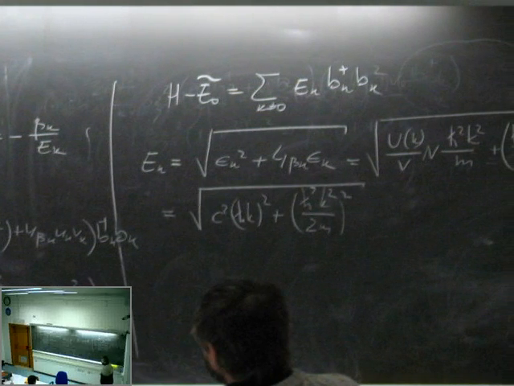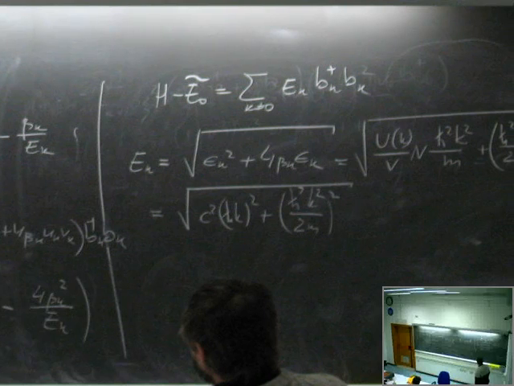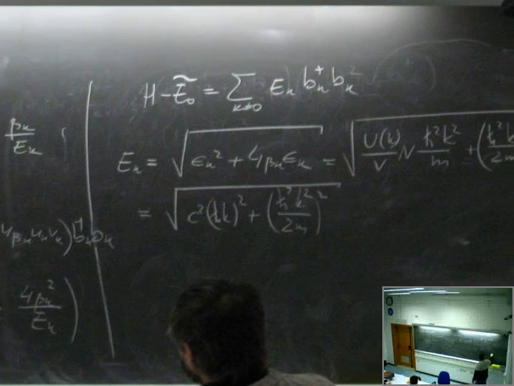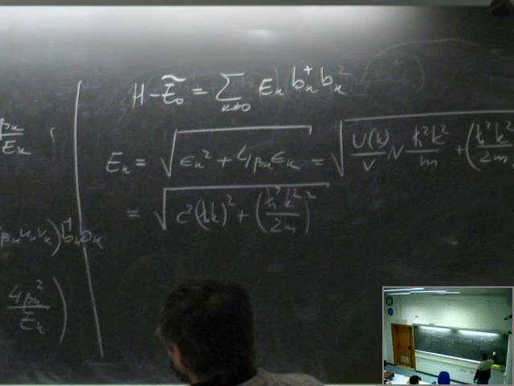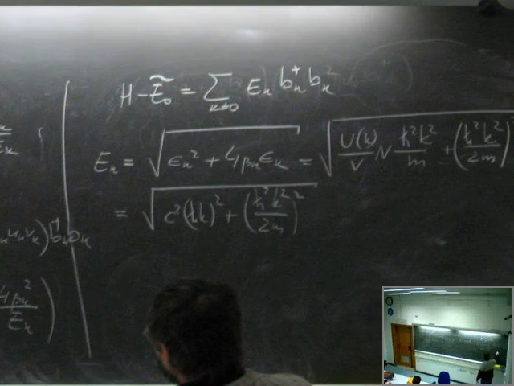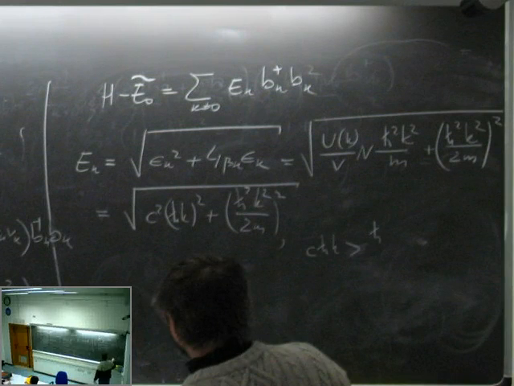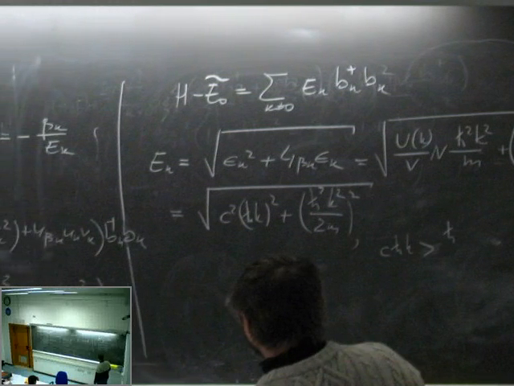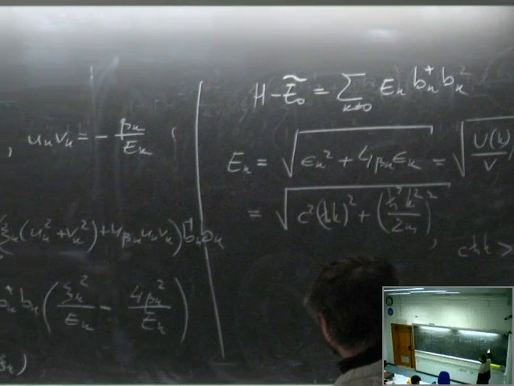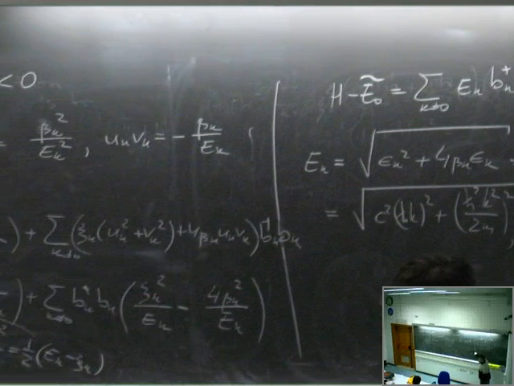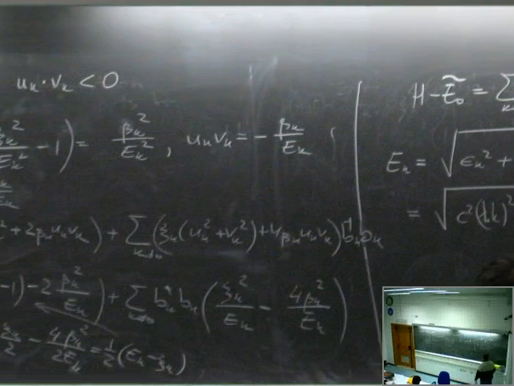So, if the momentum is small, namely if c h k is smaller than h square k square over 2m, the momentum is so small that the quadratic term is smaller compared to the linear one.